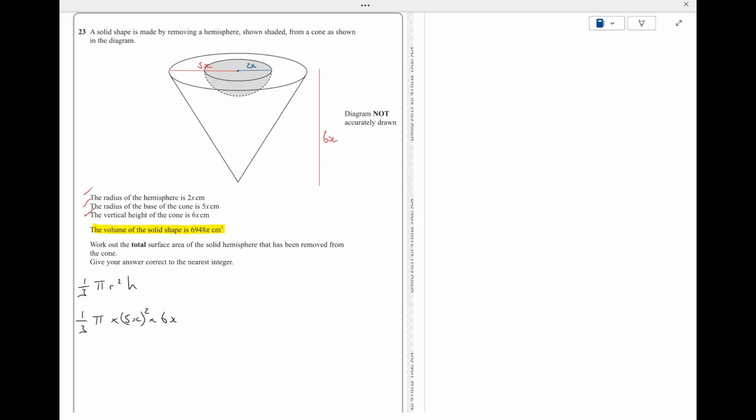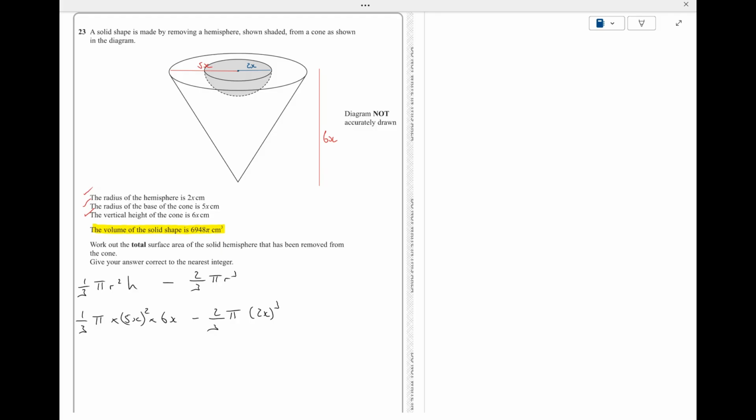That's the volume of the cone. And from that, I'm going to want to subtract the volume of the hemisphere. Now, the volume of a sphere is 4/3 pi r cubed. So I'm going to subtract 2/3 pi r cubed because I've only got a hemisphere. And in the hemisphere's case, the radius is 2x.